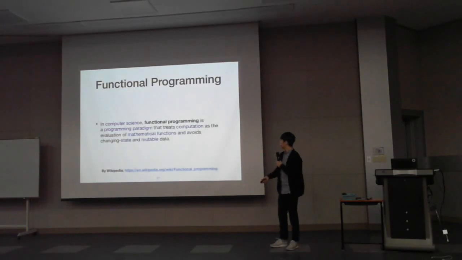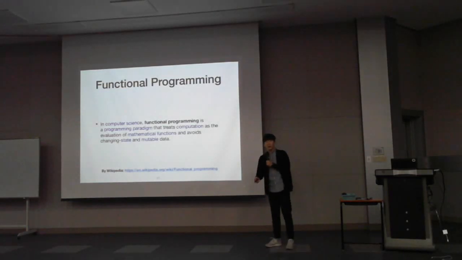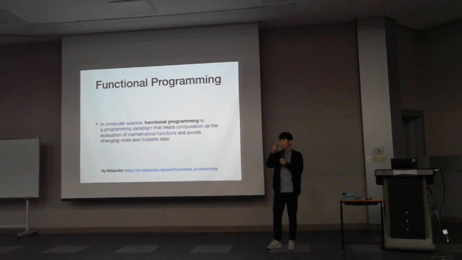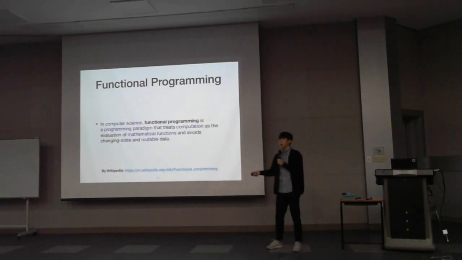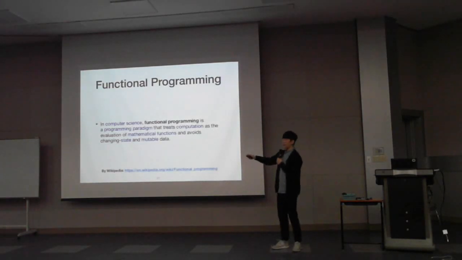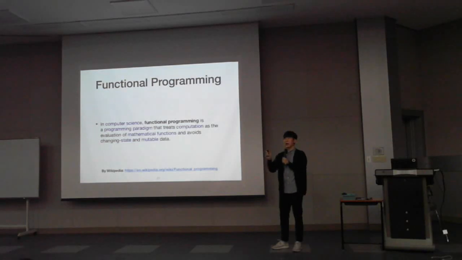In other words, in functional programming, we treat functions as values. In C or other kinds of imperative style programming, a function is not a value. A function is just code. But in functional programming, functions can be values. And mathematical functions are pure.